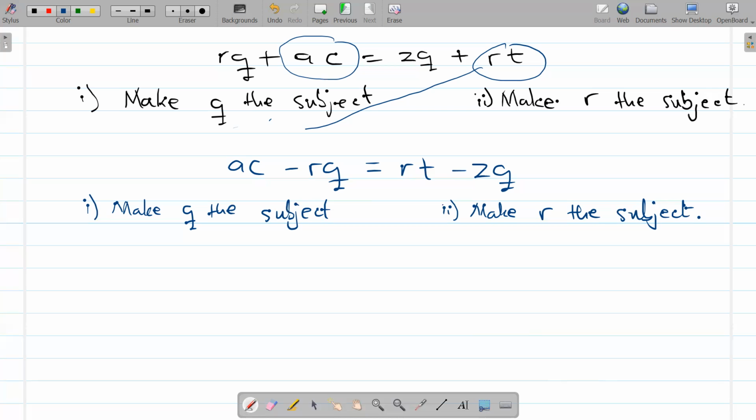And I should make R the subject, isn't it? No, Q the subject. Yes, make Q the subject, make R the subject.